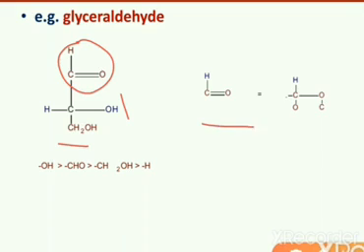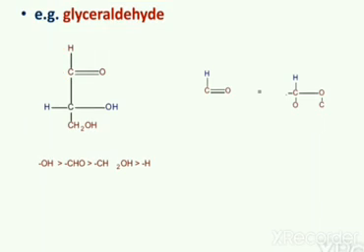If you duplicate the double bonded oxygen, the carbon will be attached to two oxygens, so the aldehyde group gets the highest priority compared to this alcohol. Then the next priority will be for this alcohol group, and the least priority will be for this hydrogen.